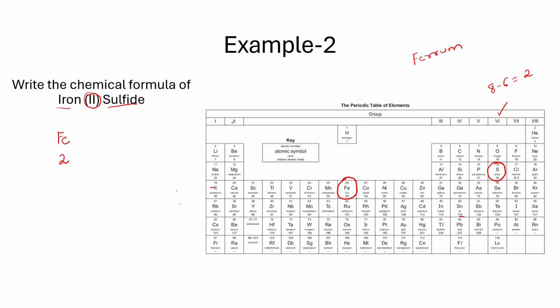So we write the symbol S and the valency 2. And we also know that in the context of ionic compounds, the formula is the simplest whole number ratio. So that means these two cancel out each other and we multiply these ones. So the chemical formula is FeS.